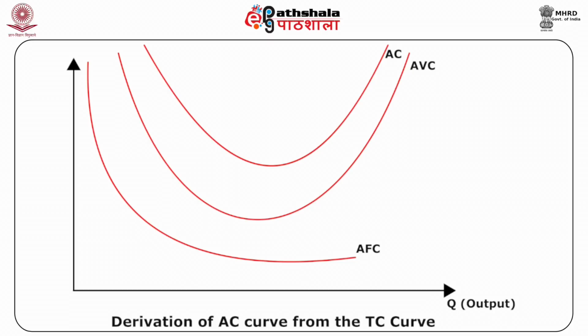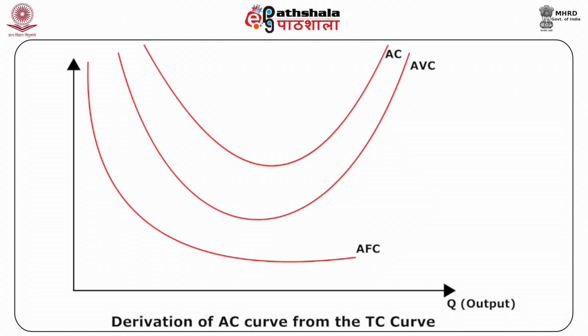But the difference is this, that while the average variable cost still continues to fall for some time, the average cost begins to rise. This is because the difference between the average cost and the average variable cost is nothing but the average fixed cost. And the average fixed cost is initially high, but then after some point it starts to decline rapidly.